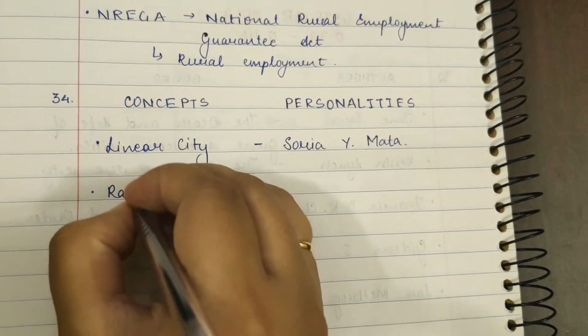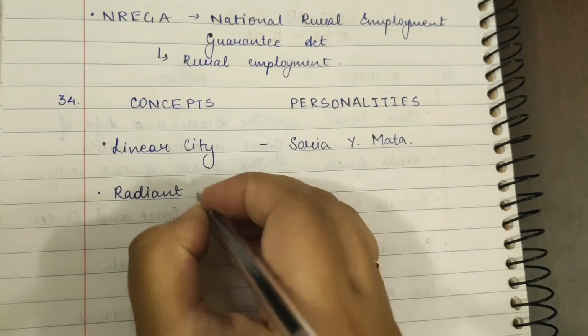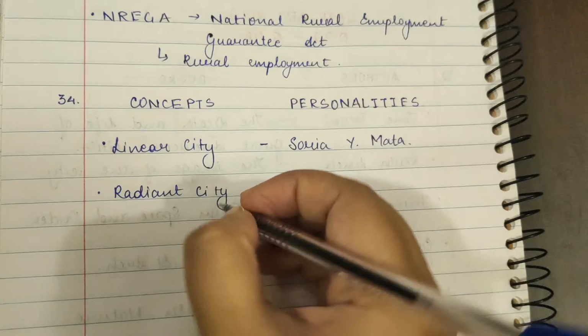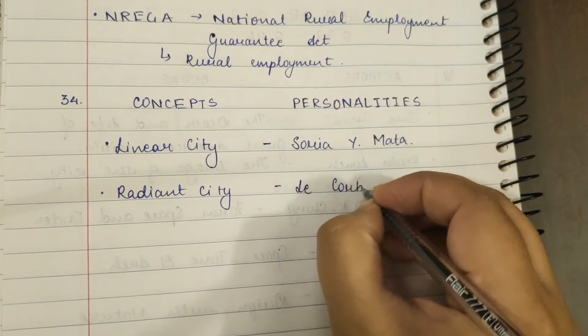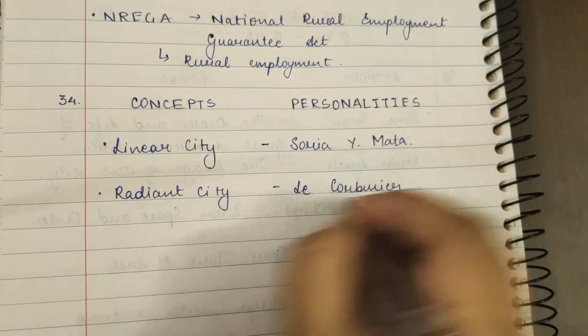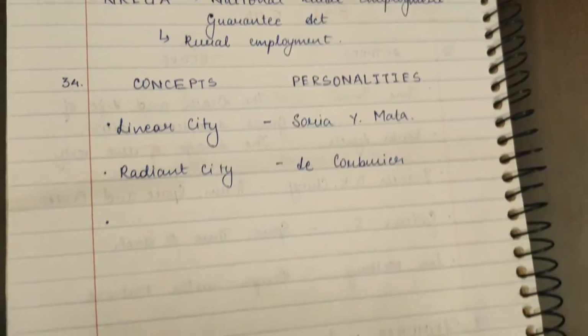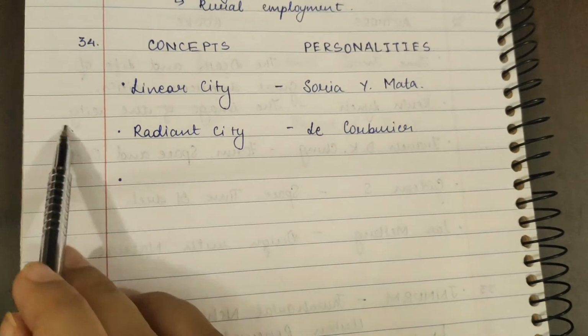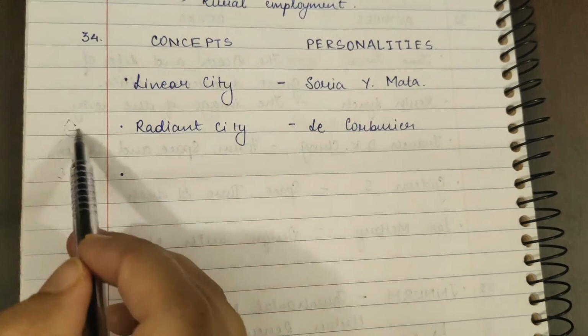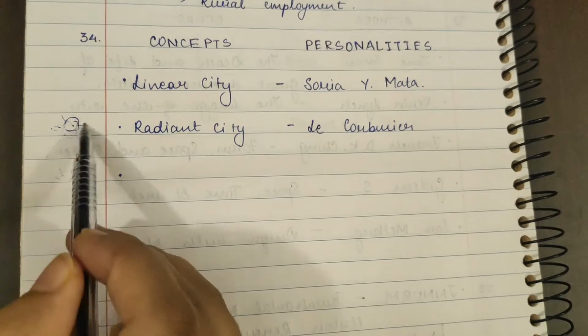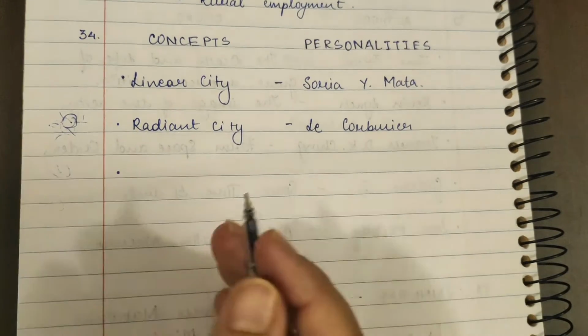Then we come to radiant city, which was given by Le Corbusier. You can remember it in this way that if you have ever visited Chandigarh or if you ever see a picture of Chandigarh, there are lots of roundabouts present. Radiant is obviously a circular pattern, so you can remember it that way.